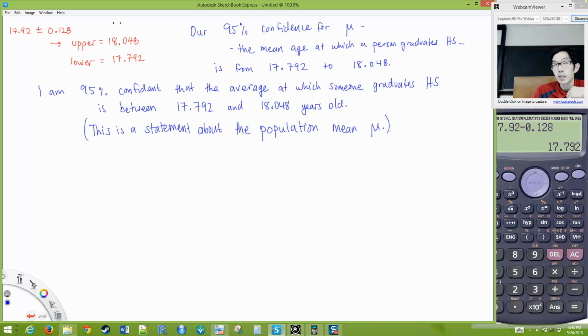Okay? So if somebody says, do we have evidence that the average age of graduation is not 18 years old?